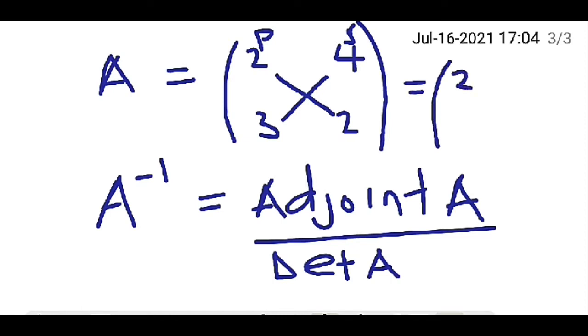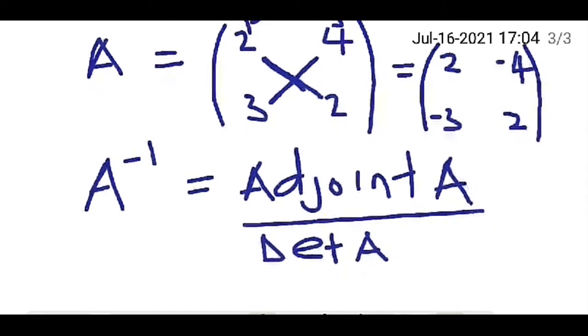Of course, even if we change 2, it remains the same. When we change the signs, the sign of 4, we get -4. The sign of 3, you get -3. Meanwhile, 2 remains the same. So you interchange the positions, and then here you change the sign. So you get 2, -4, -3, 2.